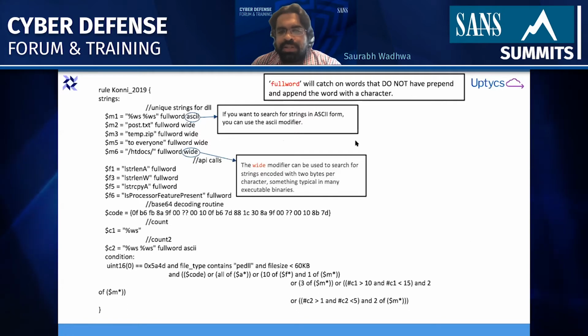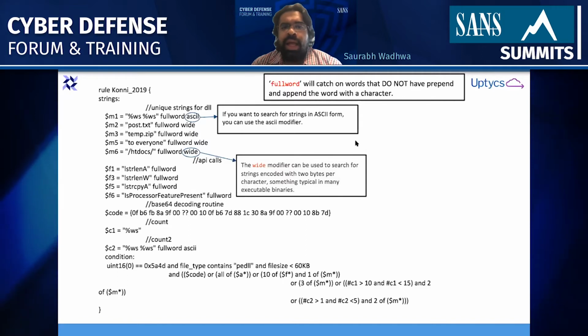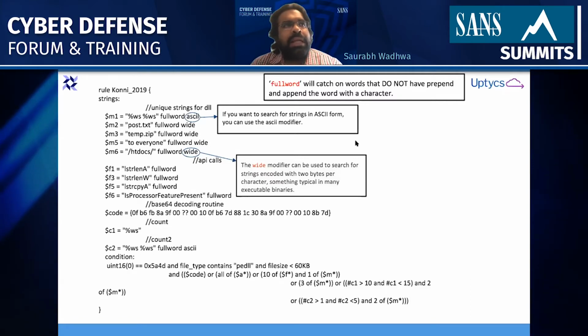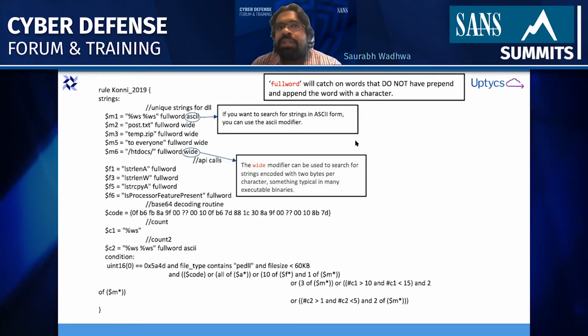So what happens is, in a string, if the characters are encoded using 2 bytes, then we have to use the wide identifier. And what full word means is, basically, if you are looking for a text like ABC inside the file, and you have a string like my ABC, there won't be a match.